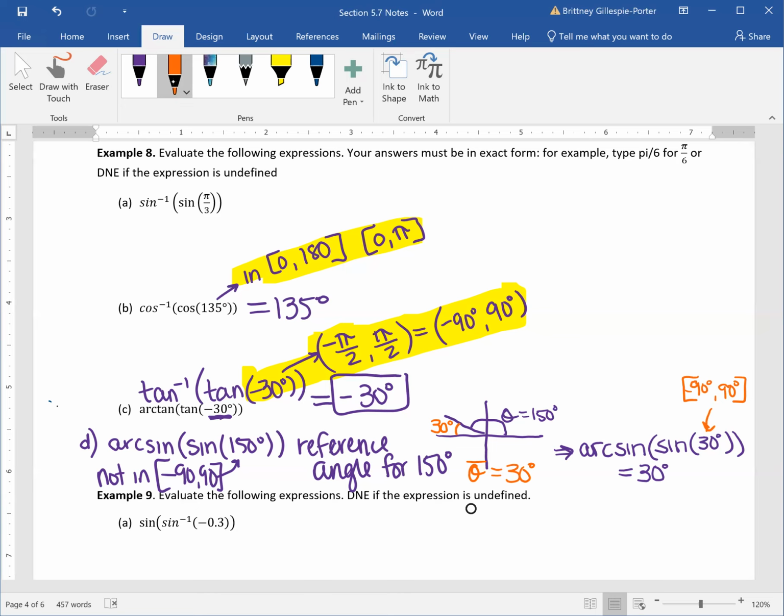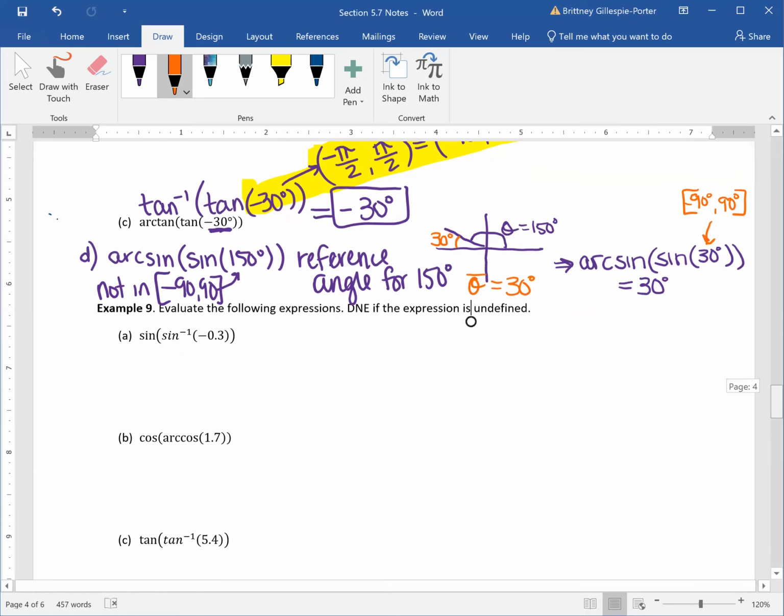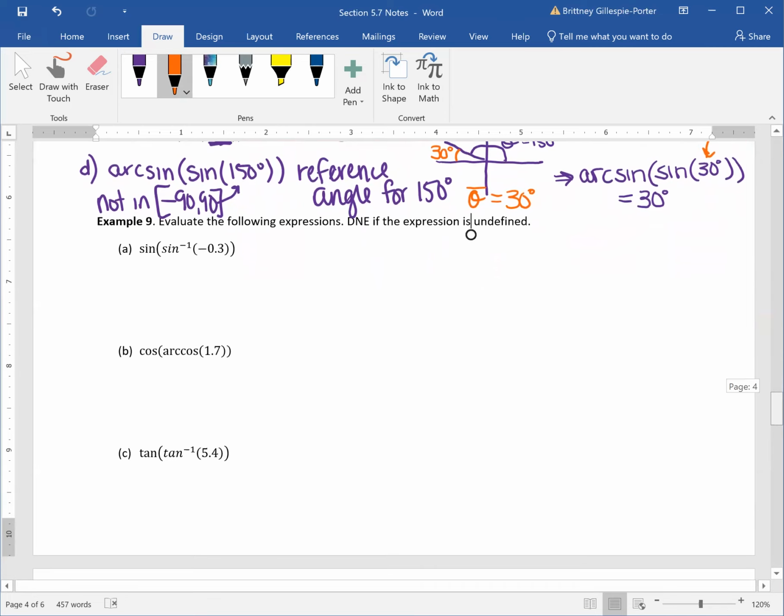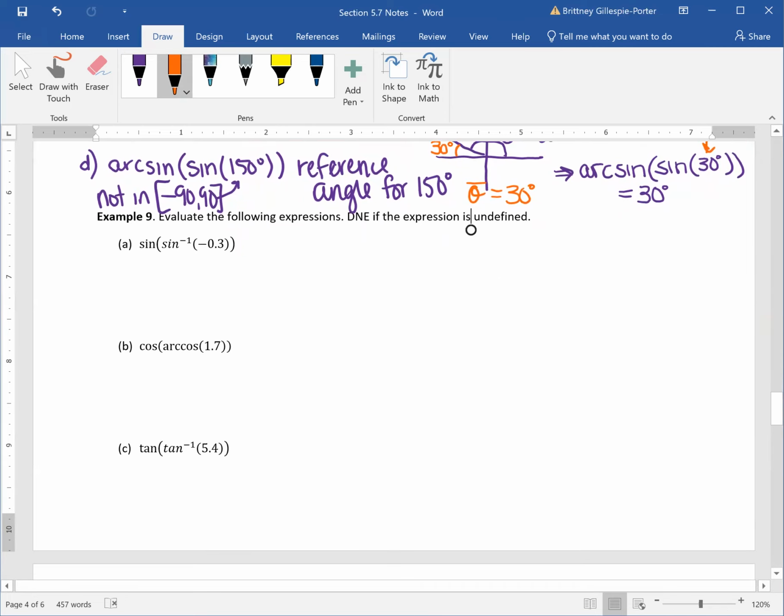In example number 9, you can use your calculator to double check it, but you can also use the upper box if you want, where it gives us, for instance, sine inverse of sine is x if whatever the x is in between negative 1 and 1.